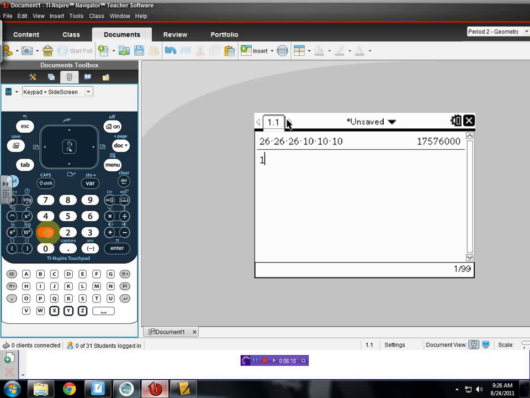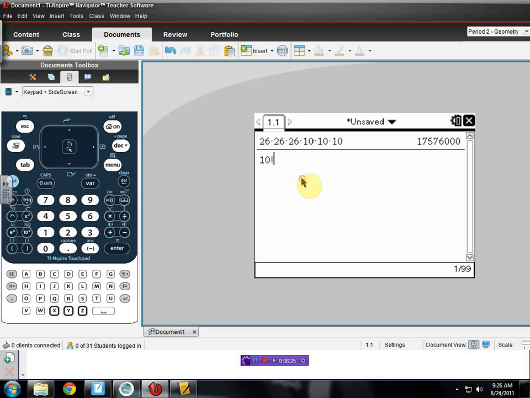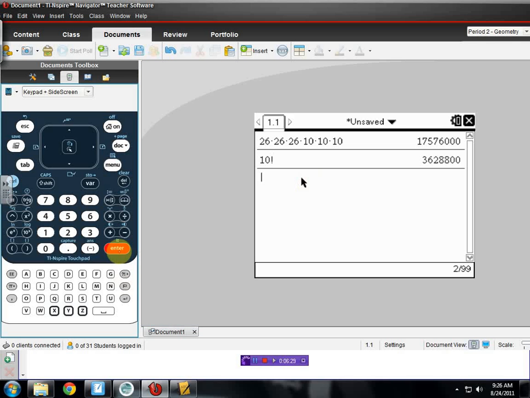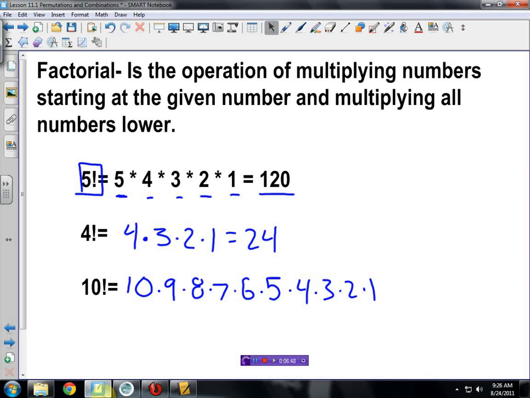I'm going to hit 10, and then the factorial is located right here, we hit the exclamation mark and enter. And that's how we do factorial. That gives us 3,628,800. So that's a really big number, and these numbers grow pretty fast.